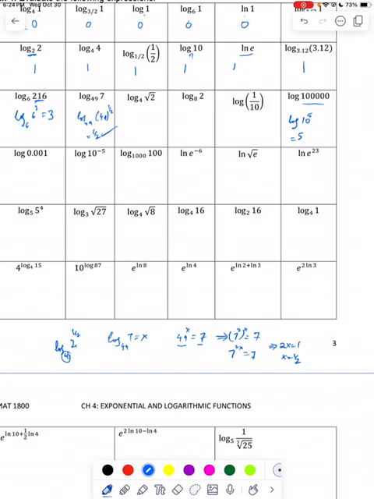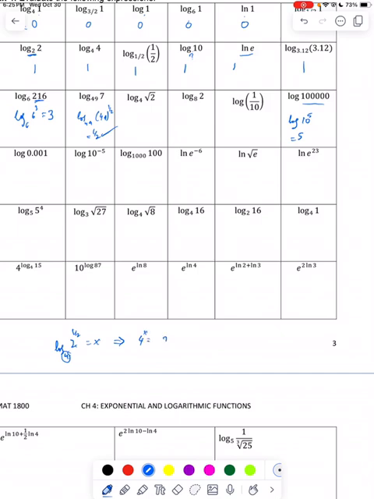So the best way to do it is, as I just mentioned, convert it into exponential form. Say that this is x, 4 to the x equals 2 to the 1/2.